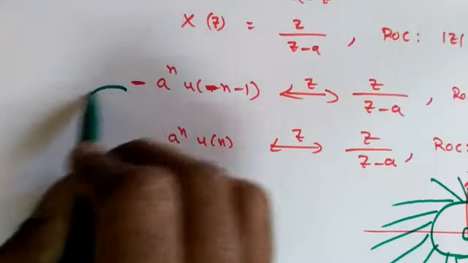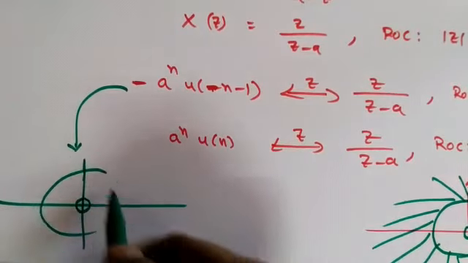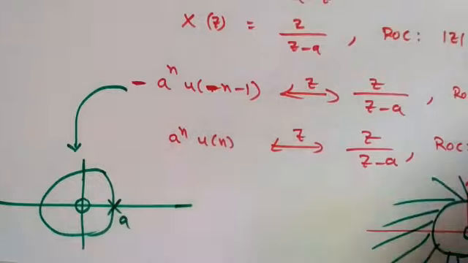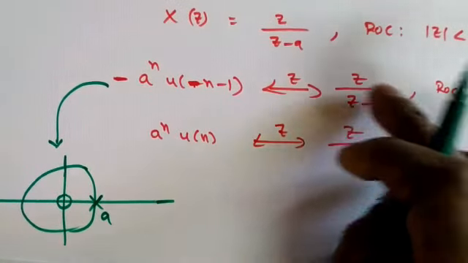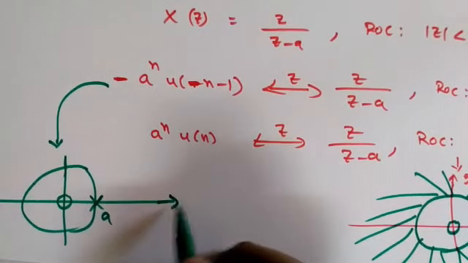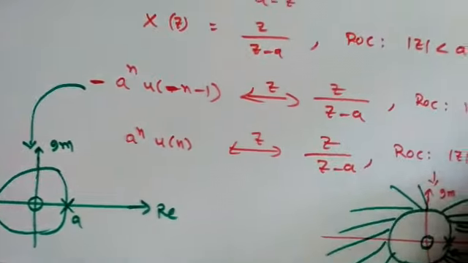Now for this one, what is the ROC? Again we'll have one zero, one pole at a, right? See here z is equal to a, so a positive pole. If it were negative, it would be on the other side. This is the real part, this is imaginary. Now what is the ROC of this one?